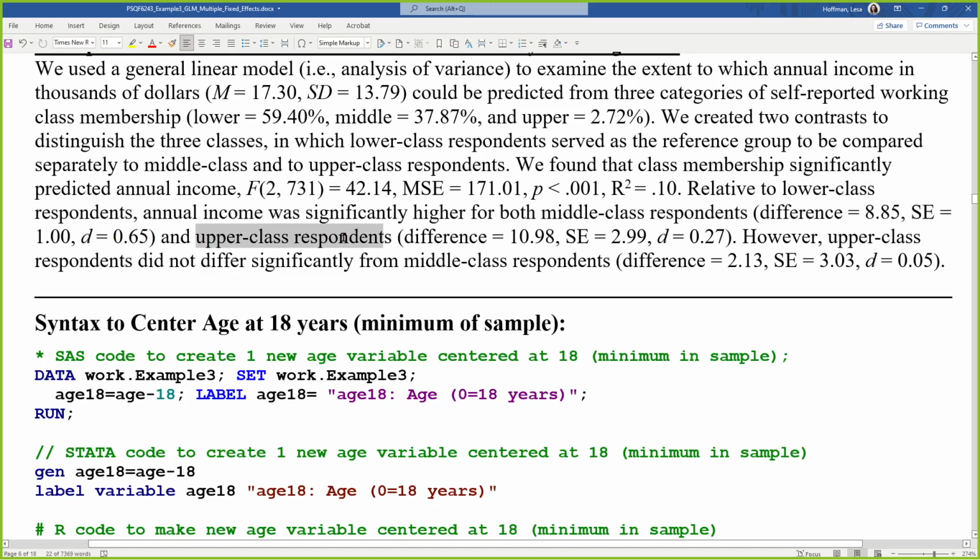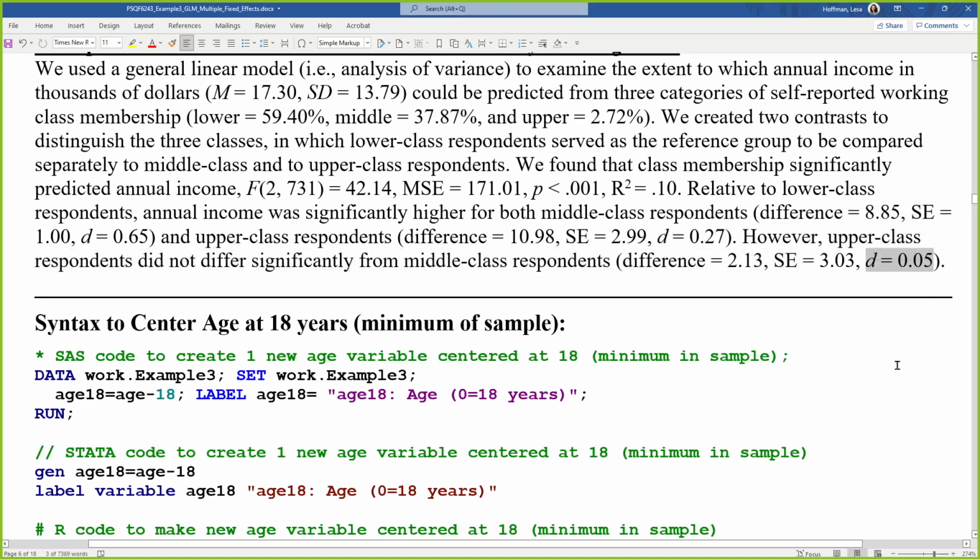And relative to upper class, there's their difference, the standard error of the difference, and the D effect size. And then the last one, that's a linear combination of middle versus upper. However, upper did not differ significantly from middle class. Here's by how much, here's the standard error for how much, and then the effect size follows.